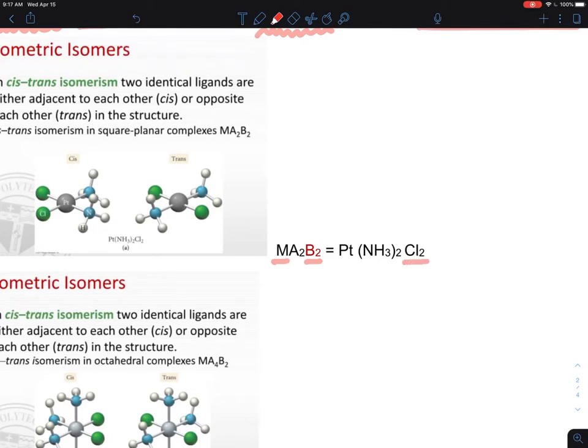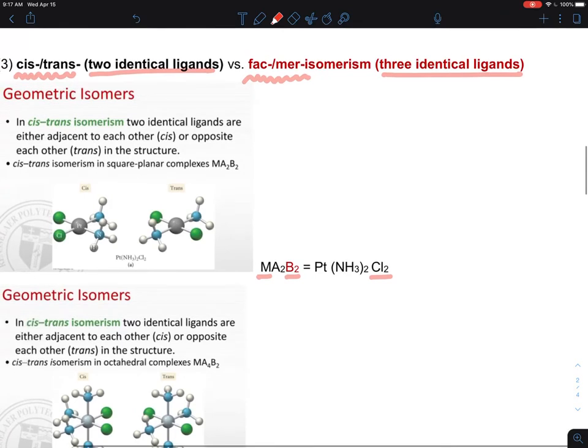And if this one looks like that, and if this is a tetrahedral, then they cannot form cis and trans.